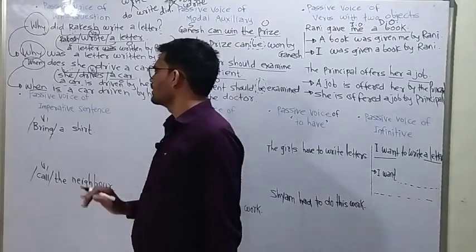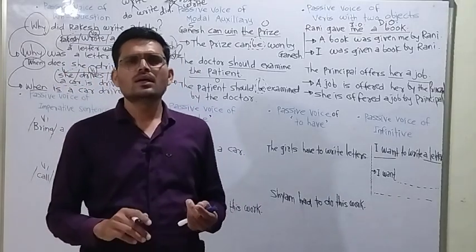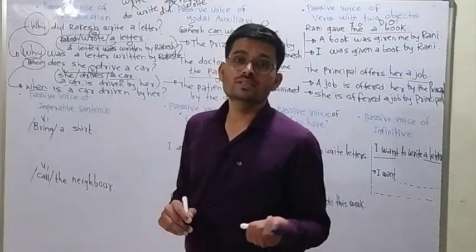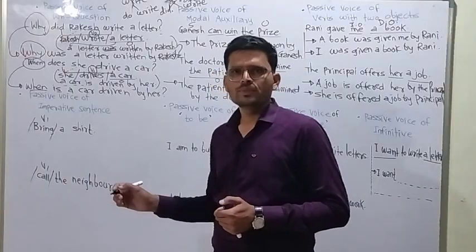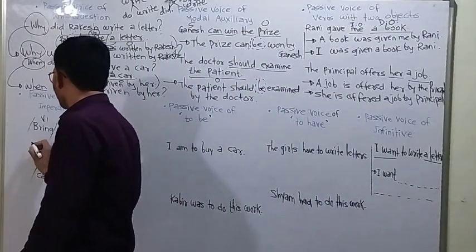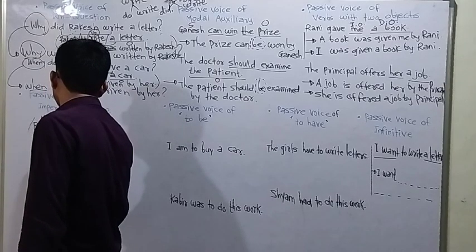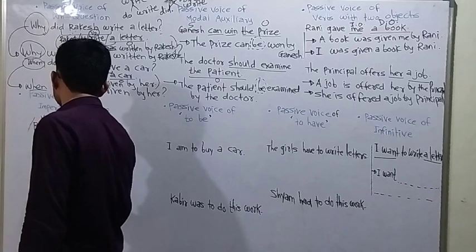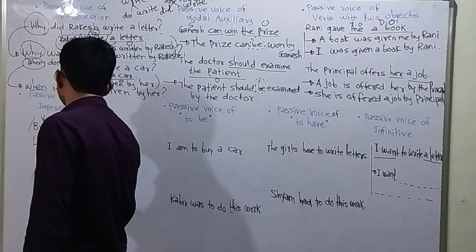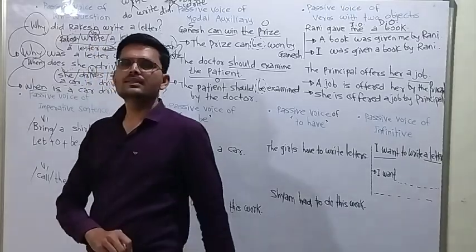If we want to convert active into passive of an imperative sentence, we have one formula, so listen carefully: let plus object plus be plus V3.